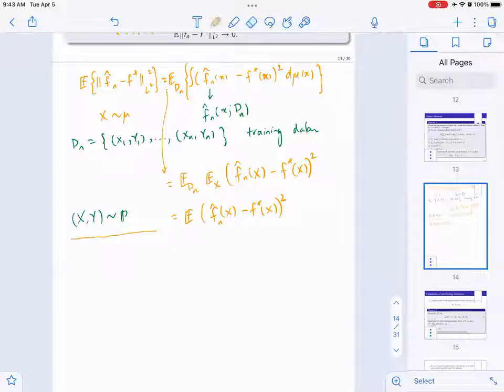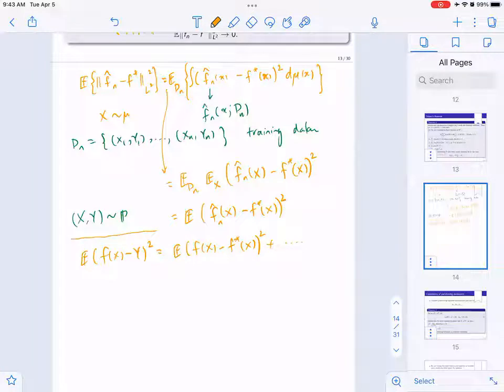As an exercise, something like f of x minus y squared is the expectation of f x minus f star x squared. For us, f star x is the conditional expectation, remember, plus some other term which doesn't depend on f.